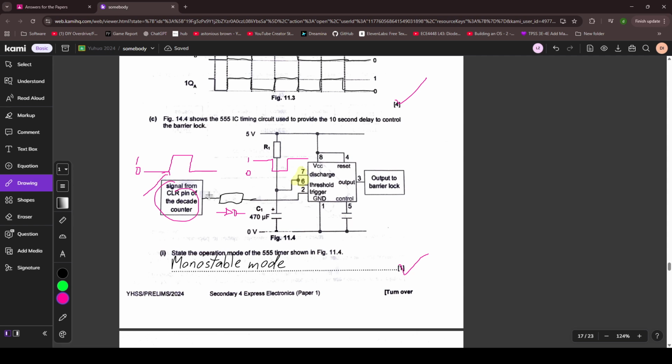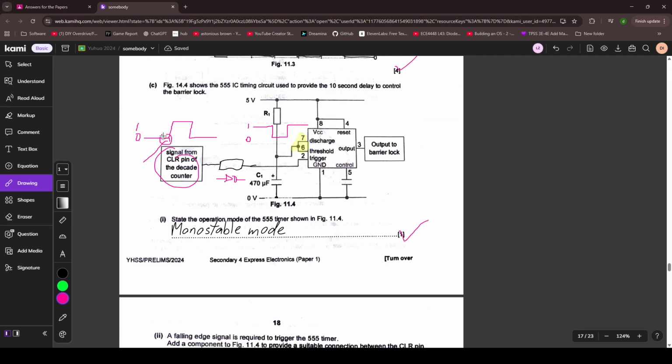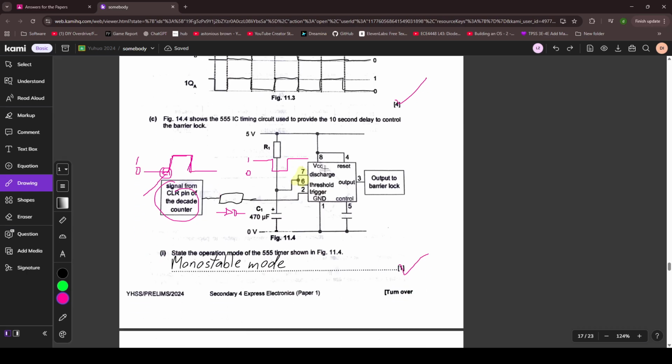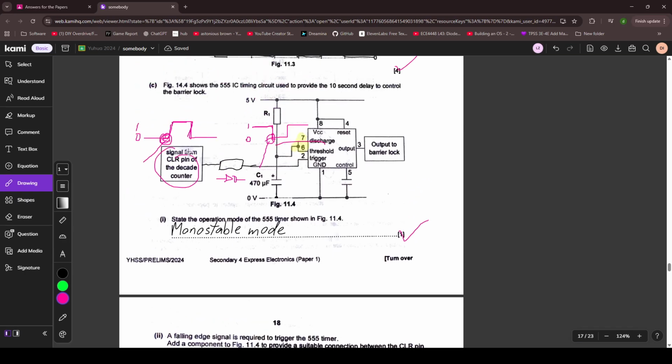So the counting bit clears here, but since this is a rising edge, it's not going to trigger this. Here, when it falls, it will trigger the discharge. But that's not what we want. We want this to be triggered at the exact moment that the clear pin goes from 0 to 1. And we can achieve that using this NOT gate, because at this instant of time, the output of the NOT gate produces a falling edge, and that triggers it at the same instant. So that's why you need a NOT gate.